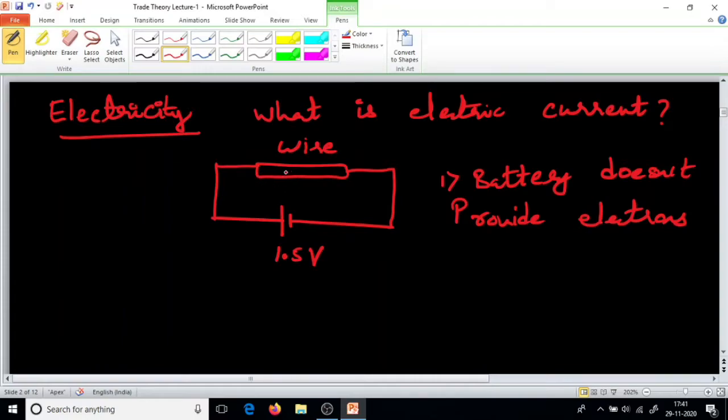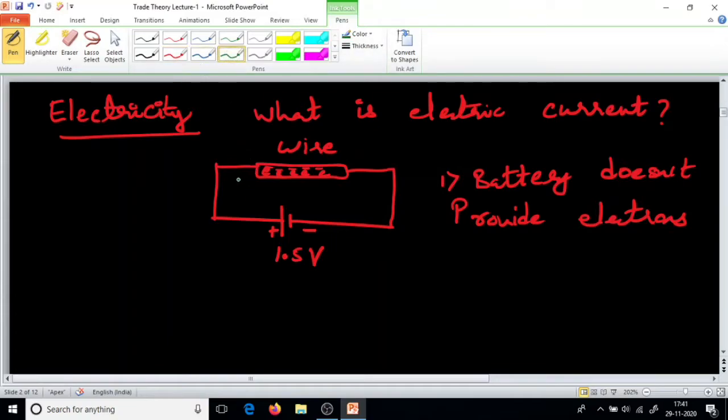It comes from the conductor. The electrons come from the conductor. That means this conductor will have many electrons. So when you connect plus here, the battery will provide a potential difference. So what happens? All the electrons will move from there to here.